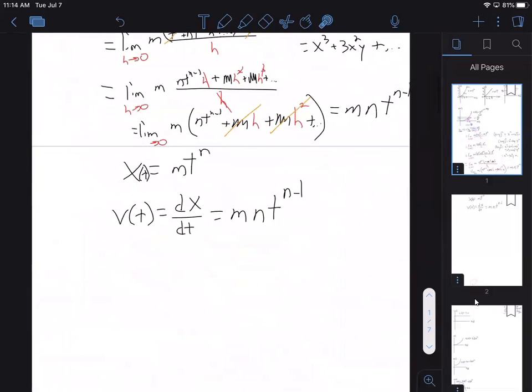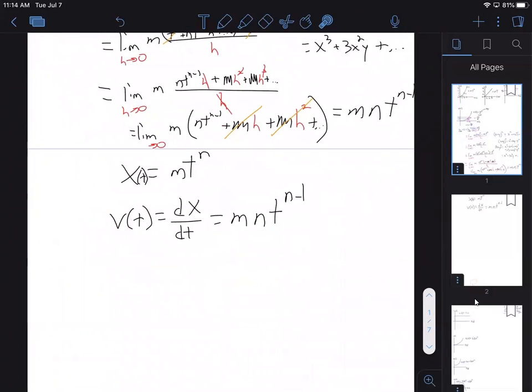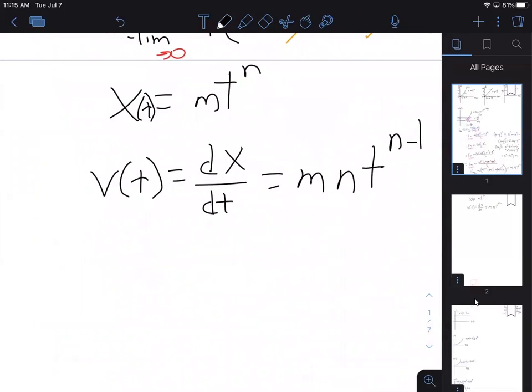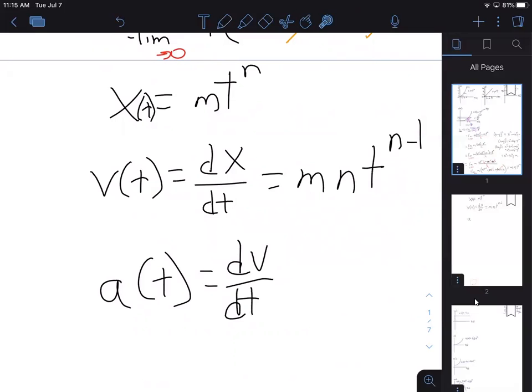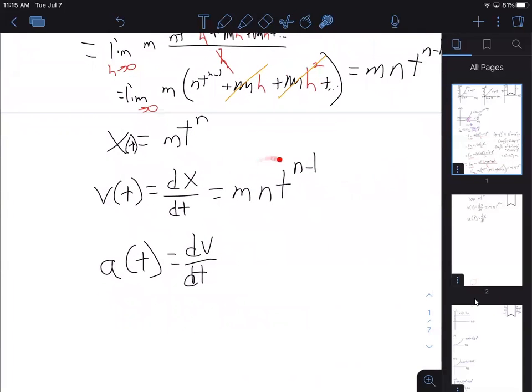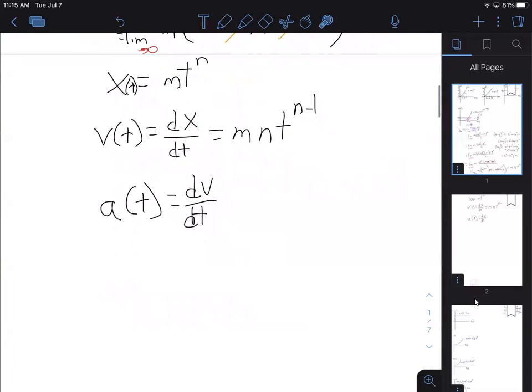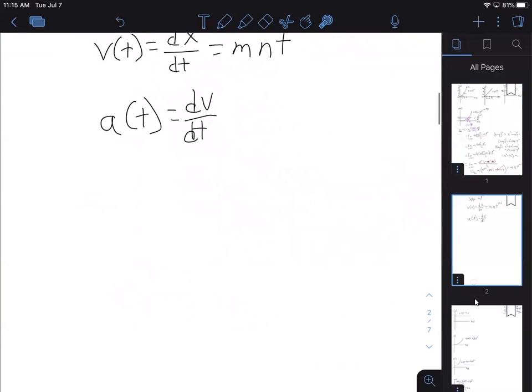Just as velocity was the rate of change of position over time, acceleration is the rate of change of velocity over time. So I could do the same process I did with this. I could do that here onto this function to find its derivative, which would be my acceleration. Let's look at an example.